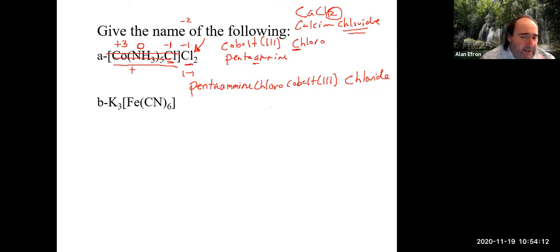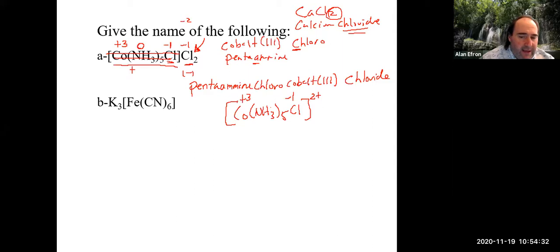And again, if we isolate the complex ion part, we see that this has a +3 charge, this has a -1 charge. So our complex ion is overall charged +2.